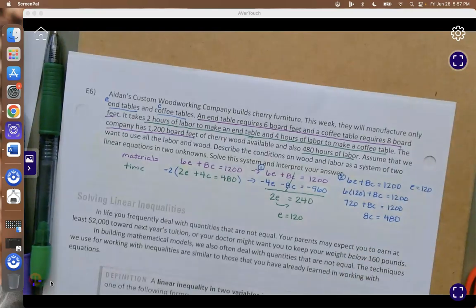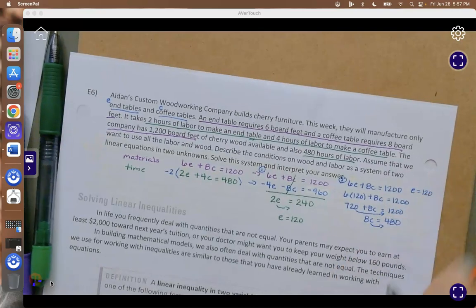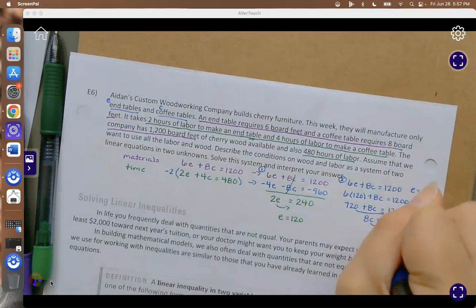Then so we're moving that over there. Now we're doing this. And that should be 60 coffee tables.